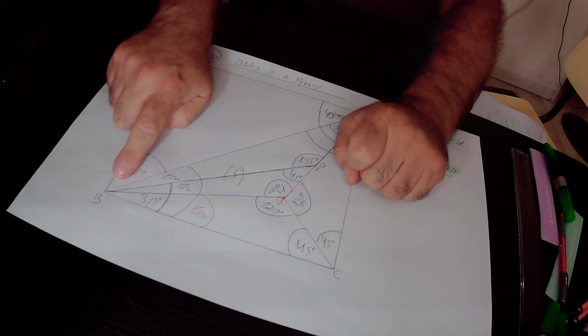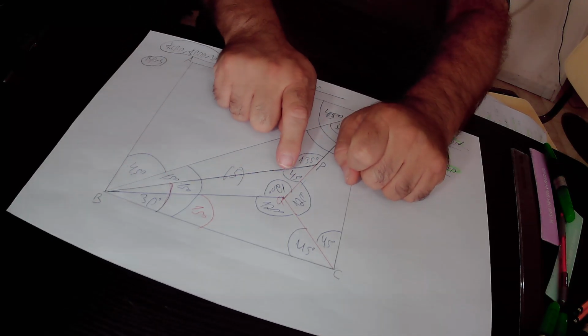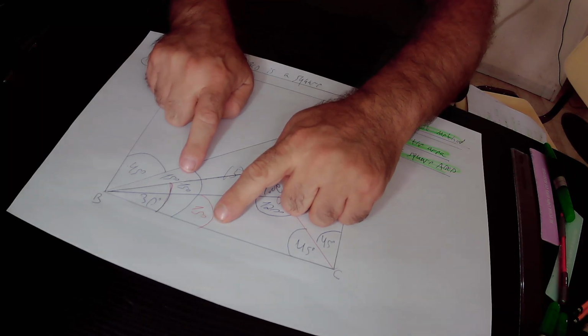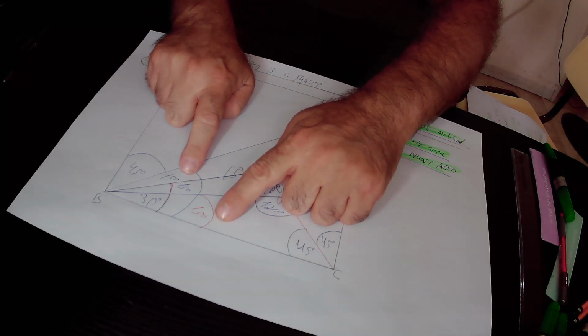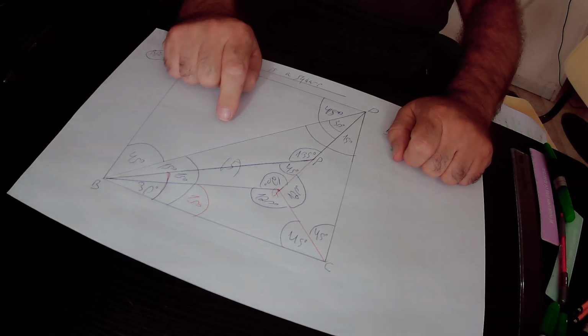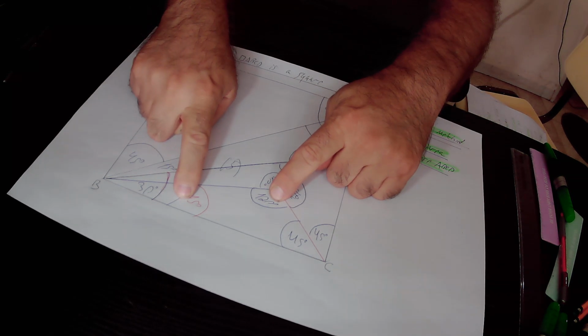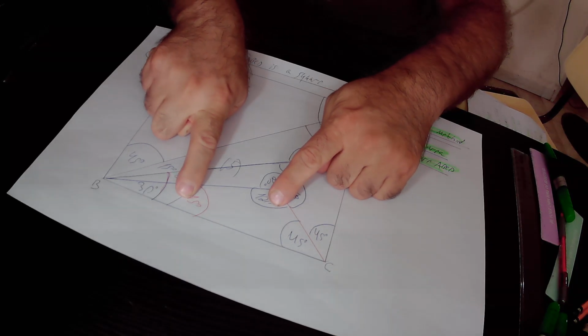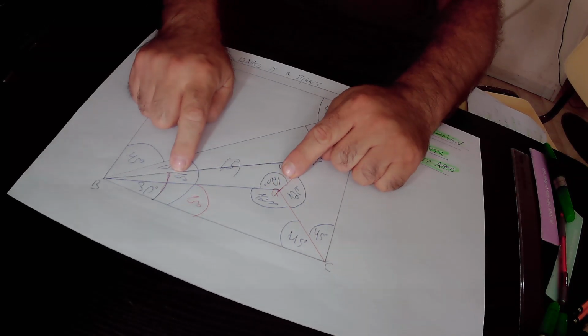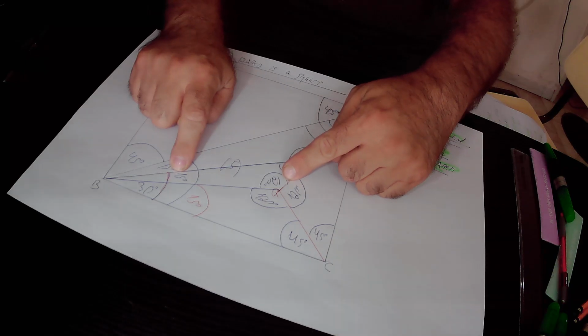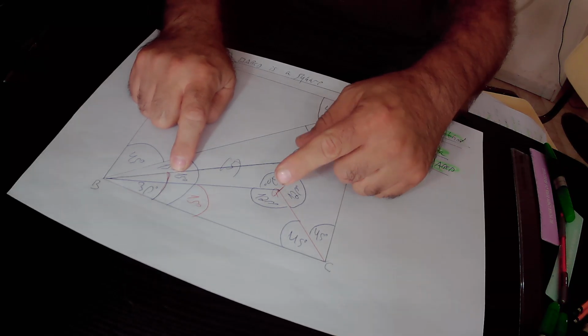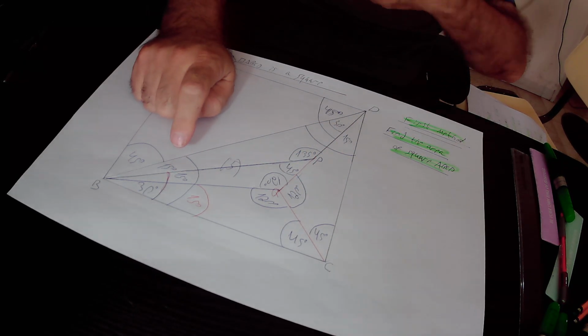In addition, QB is a common side that belongs to both triangles, so I can write that QB equals itself. And finally, those two angles are both equal to 15 degrees, and therefore they are equal to each other. So we find that those two angles and the side included between them in triangle QBC are correspondingly equal to those two angles and the included side in triangle PQB. And therefore, those two triangles can go into each other according to the angle side angle rule.